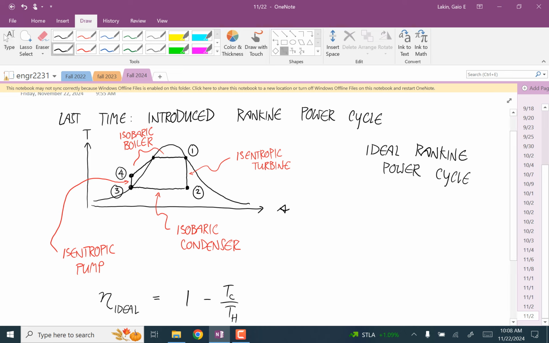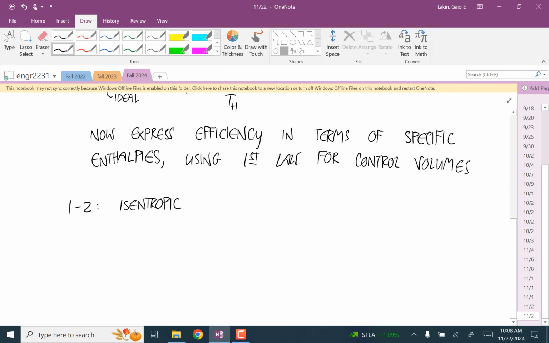What type of process are we doing going from here to here? Just ask yourself that each time until it is kind of natural. It helps a lot. So from state 1 to state 2, we have the isentropic turbine. This is where we benefit from this power cycle. This is the work that's coming out.